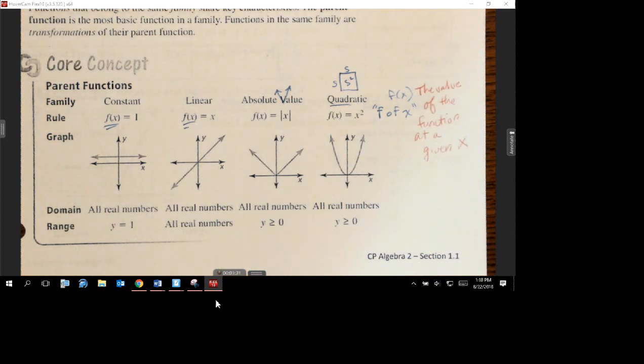That is y. When we put in x and get out y in an equation, f of x is the same thing. We talked about this yesterday a little bit. f of x is just a fancier way of writing y, because it means the value of a function at a given x.